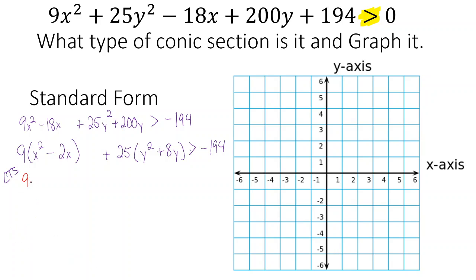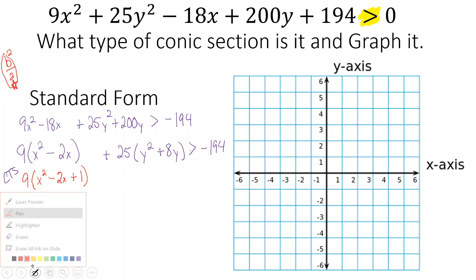So when I do that, I get 9 times x squared minus 2x, and negative 2 divided by 2 is negative 1. Negative 1 squared is 1. And again, for that step, I was using b over 2 and squaring it. And that's what I'm using to get that 1.